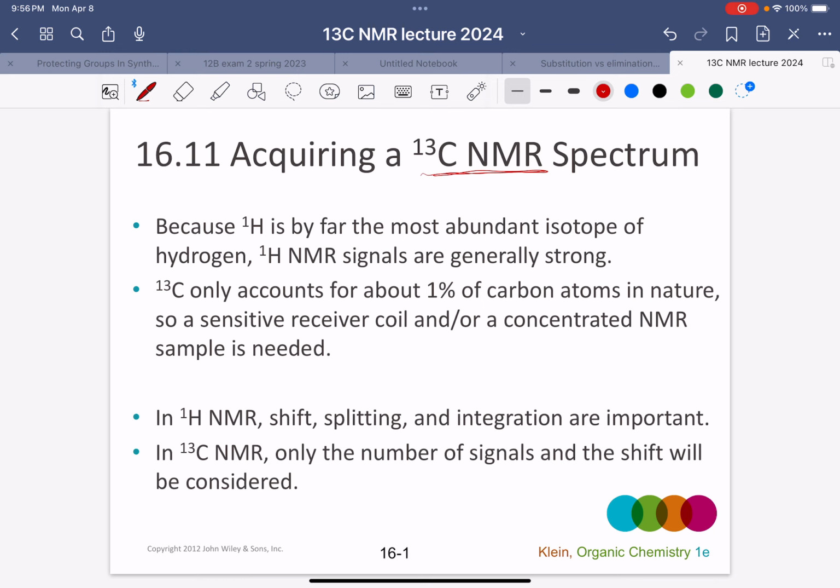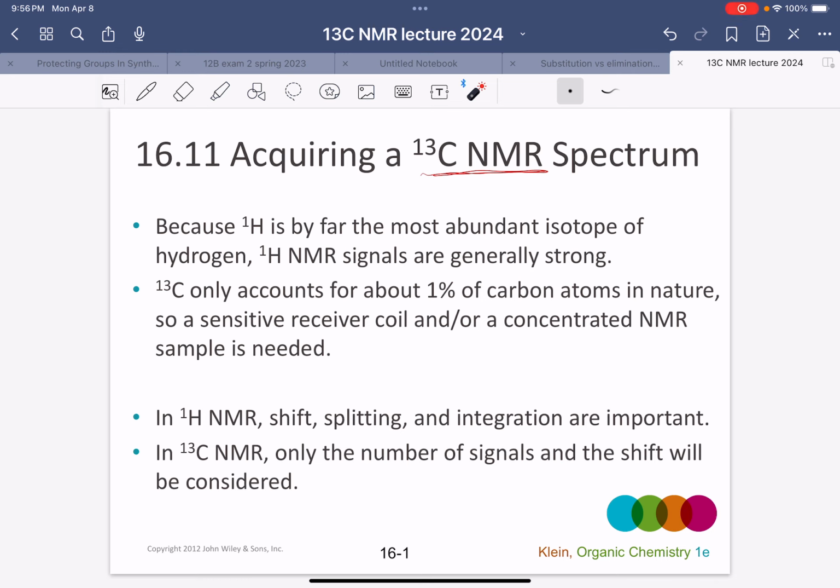It turns out other nuclei can be NMR active as well. One of those is carbon-13. Now, carbon-13 only accounts for about 1% of carbon atoms in nature, so it's not particularly sensitive.